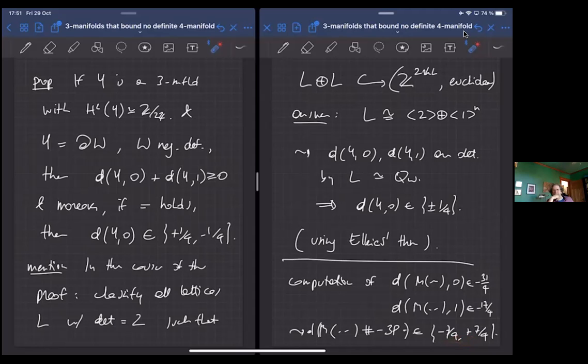And if you do surgery along a knot in S3, then you have a control on how far apart the two correction terms can be. Not least if you do surgery on a knot in S3, then the resulting manifold bounds something definite. But then you can compensate with some copies of the Poincare sphere.